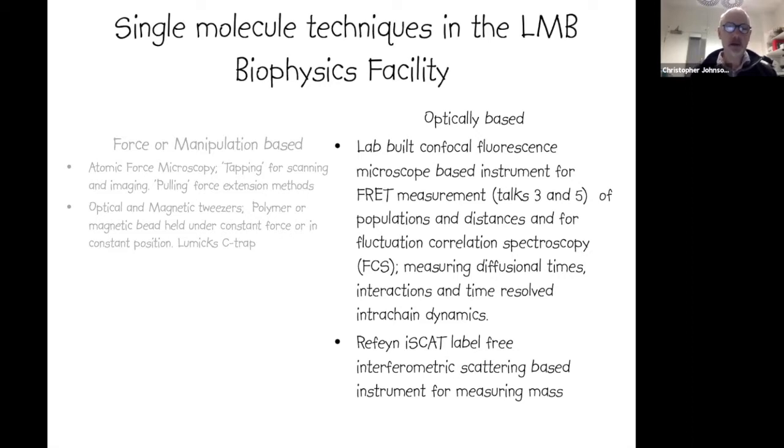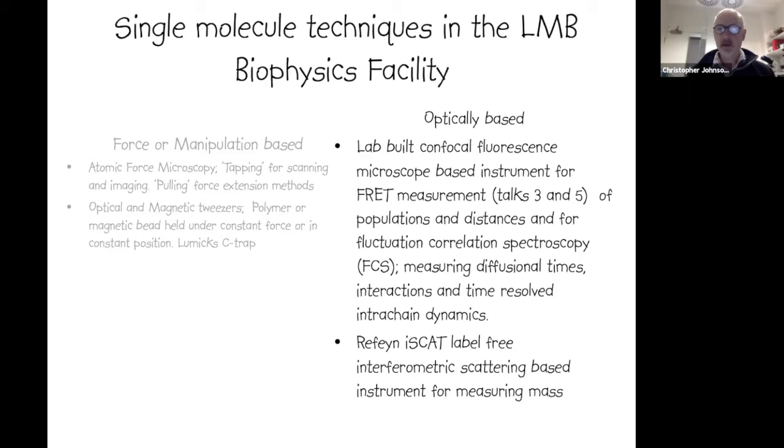In that approach, you have a polymer such as DNA, which is held between magnetic beads or beads that are held in optical traps using lasers, and you can apply force or watch molecules move along those polymers.